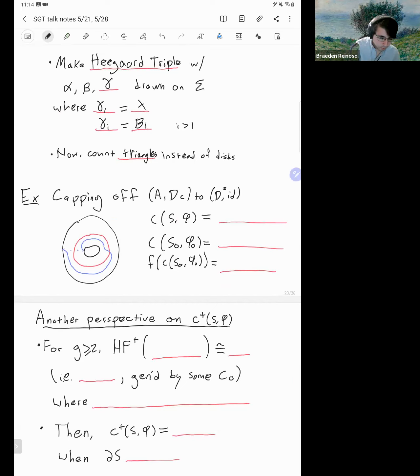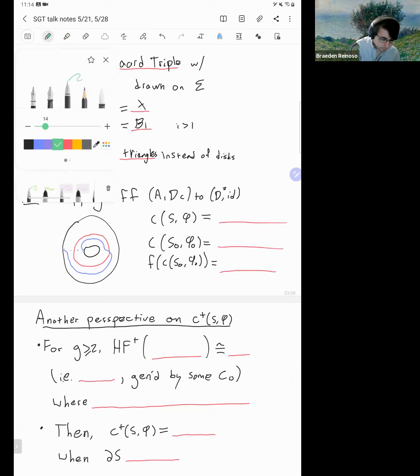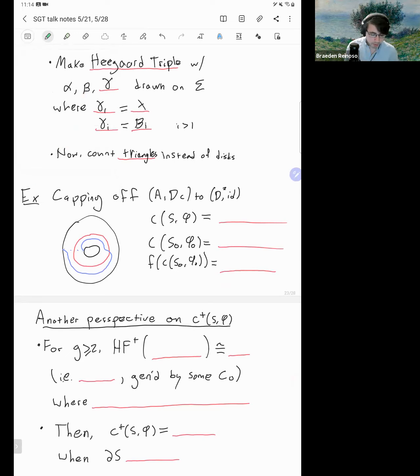So here's an example, which will make it much clearer, I think. In this example, we're just capping off an annulus with a Dehn twist. That's like the open book for the Hopf link in S3, and it caps off, of course, to just the disk with the identity, which is like the unknot in S3. So in this example, if we're capping off, we need to draw a Heegaard triple. What does that look like?